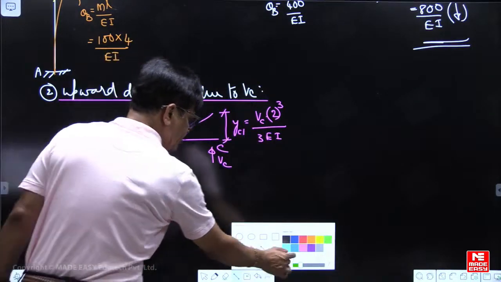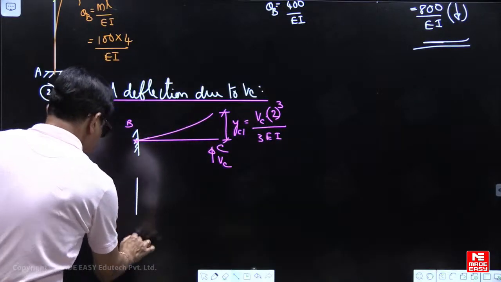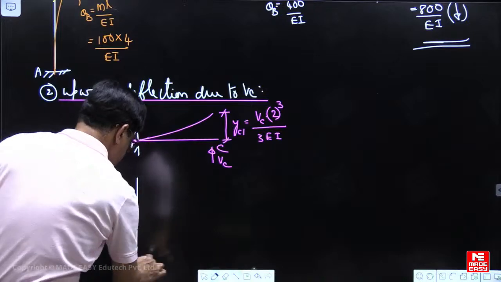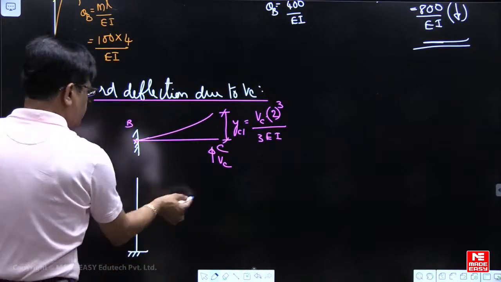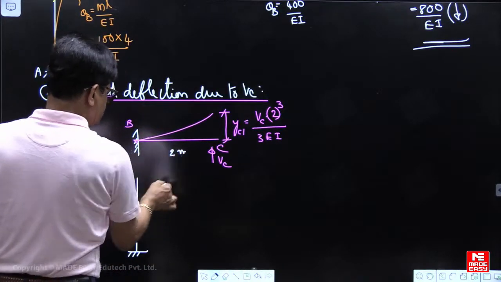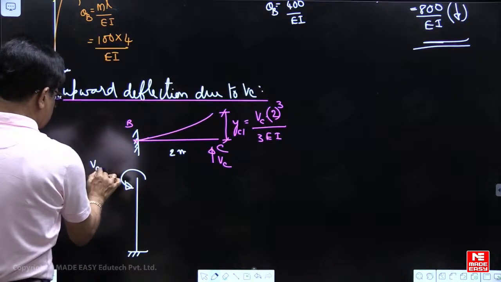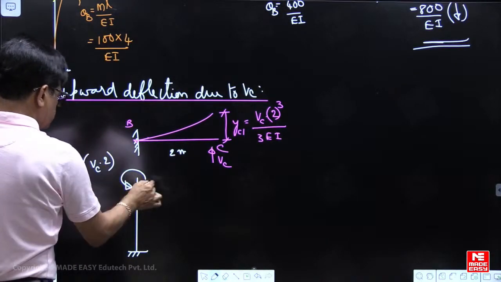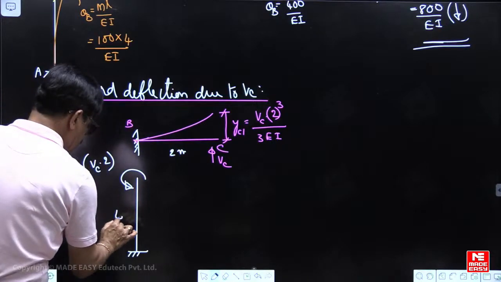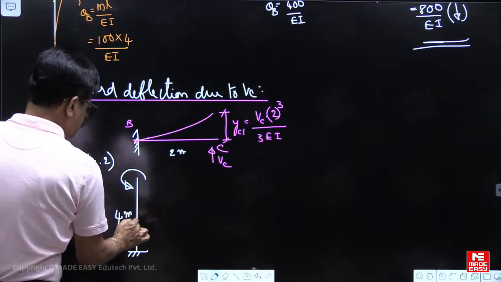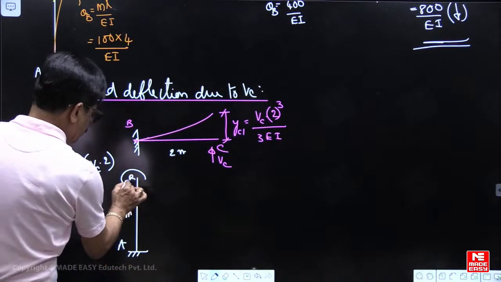So if I take this member, VC, this length is 2 meters, this is the anti-clockwise moment, this length is 4 meters, this point is A, B.